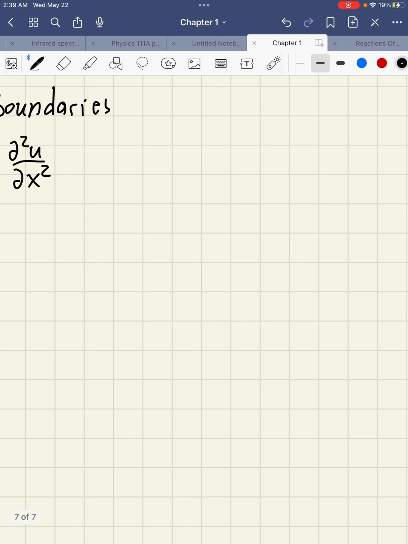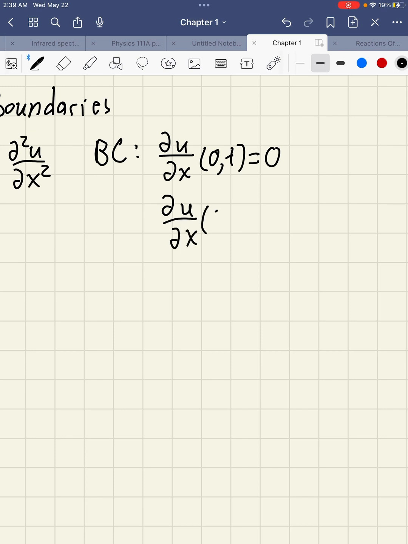Now my boundary conditions are that partial u partial x at (0, t) is equal to 0, and partial u partial x at (L, t) is equal to 0.